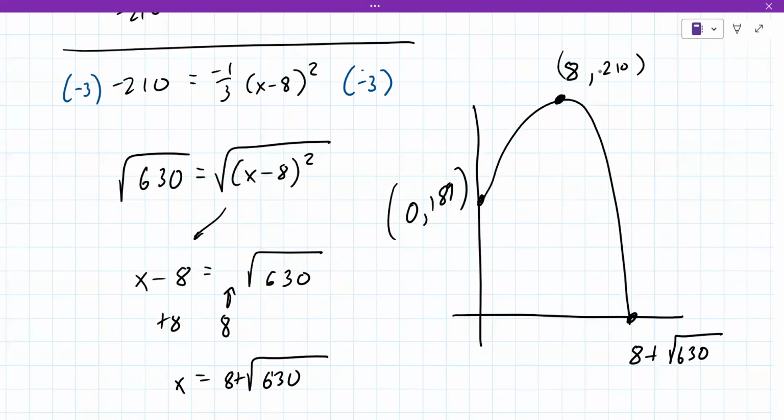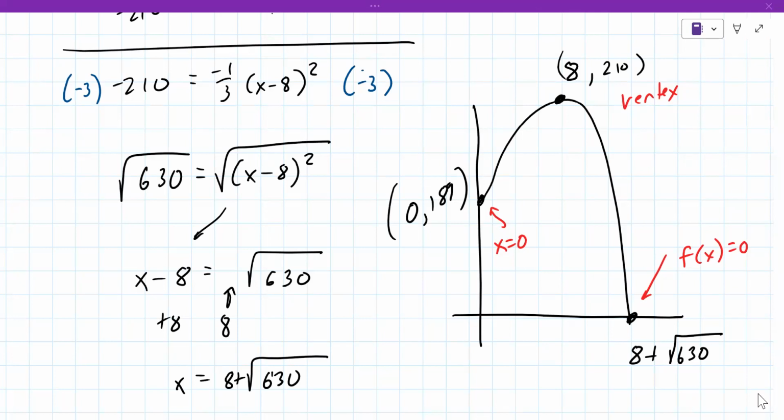Got it. So to reiterate, the first point is when X equals 0. This one over here is when f of X equals 0, which is not the same. This top point is the vertex. And you have to be able to distinguish between all of those. Okay. Got it.